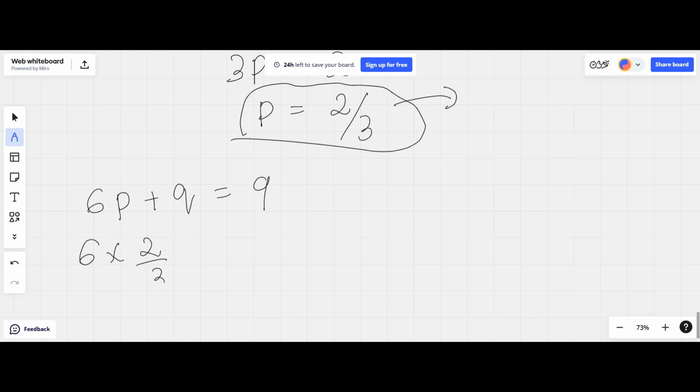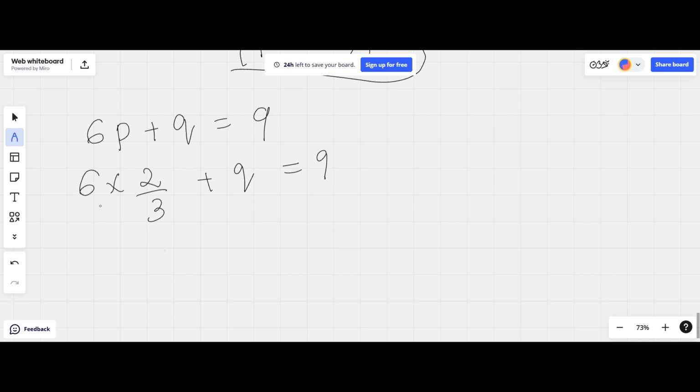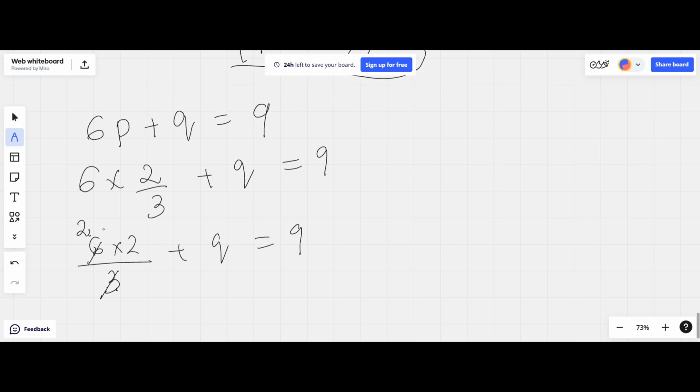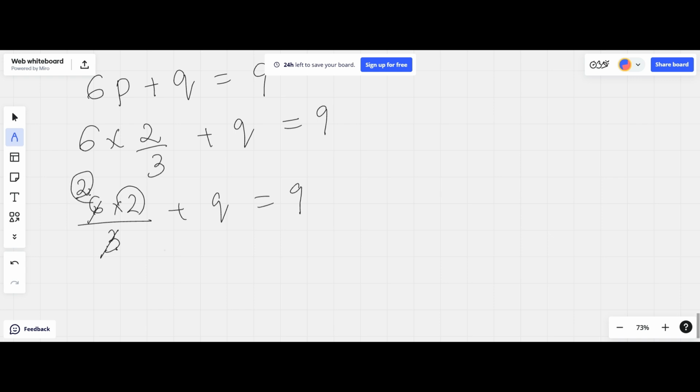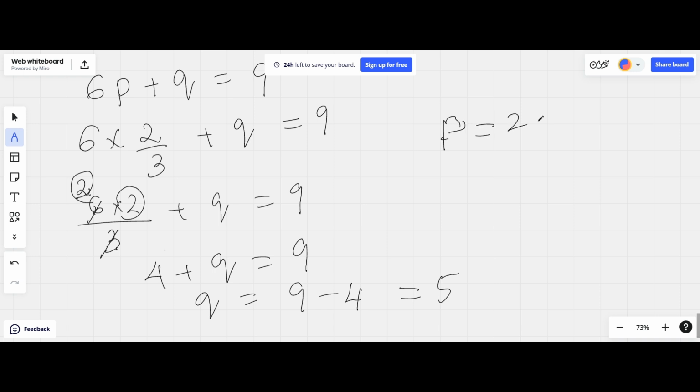So 6 into 2 by 3 plus Q is equal to 9. 6 divided by 3 is 2, so 2 into 2 is 4. 4 plus Q is 9, so Q is equal to 9 minus 4, which is 5. So P is equal to 2 by 3 and Q is equal to 5.